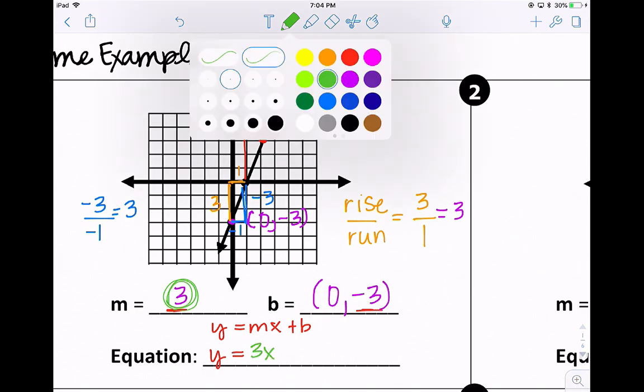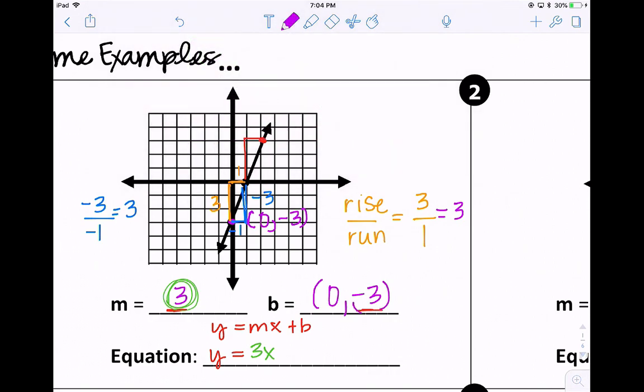And then it's usually plus b. But because our b is negative, we're just going to write minus 3. You could put plus negative 3, but I try to never put double signs. Okay. One step farther that you could go is you could graph this in your calculator and confirm that it does match this line. So we might do that here in just a minute.